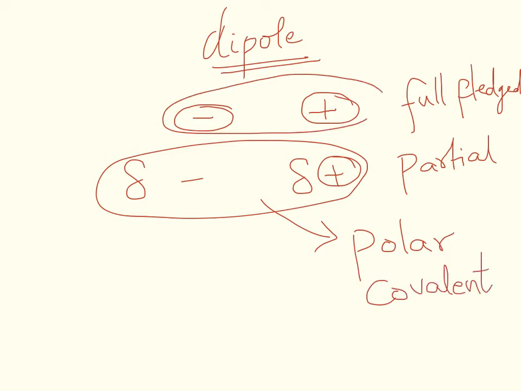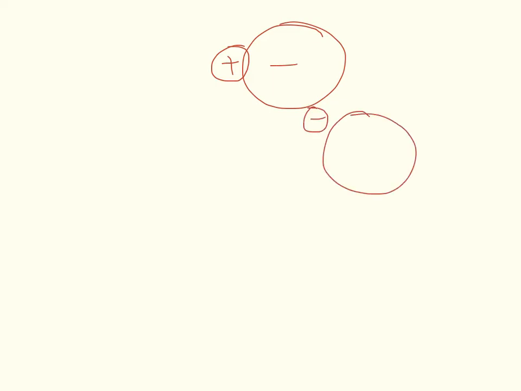Full-fledged positive and negative are usually found in ionic molecules. So now if you take an ionic compound, say sodium chloride, sodium ion and chloride ion, and sodium ion and chloride ion. So let's say this is the crystal.